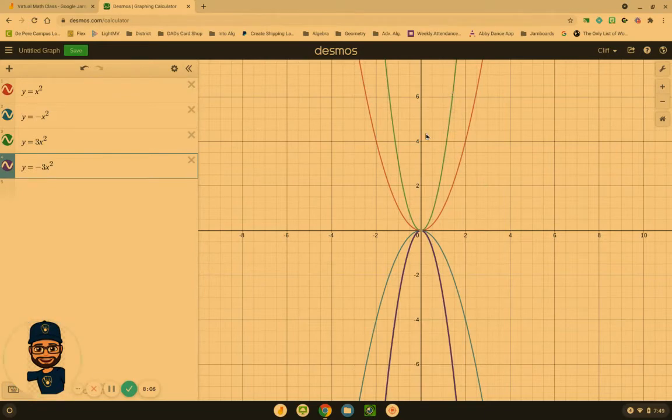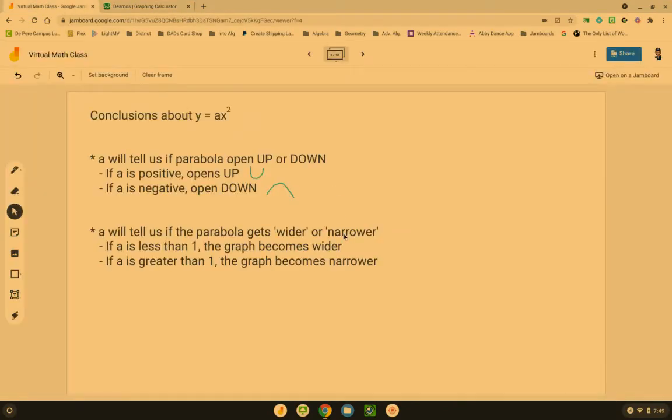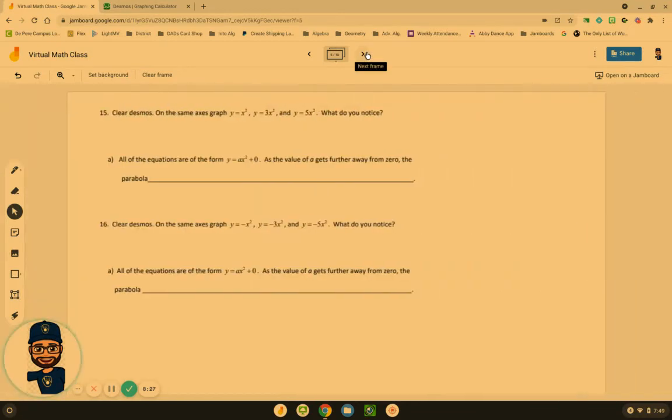It got narrower or closer together. It's inside the red. It's inside the regular y equals x squared. And so it makes it narrower if the number gets higher. The numbers are all going to jump up much faster. Okay, so that's the big thing with the a value. Up and down, narrower or wider.